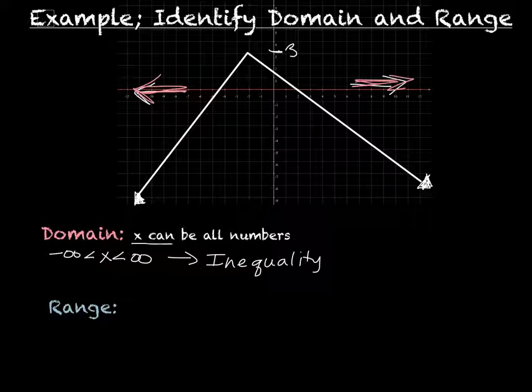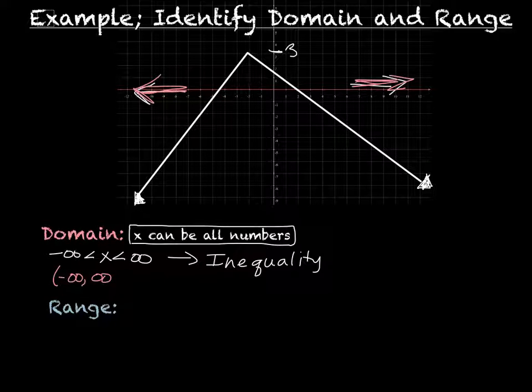You could write it in words, which is fine. That means the same thing. It can be any real number. Or we could write it as an interval, which would be we're going all the way to negative infinity up to positive infinity. So that is interval notation. And any one of those is fine.